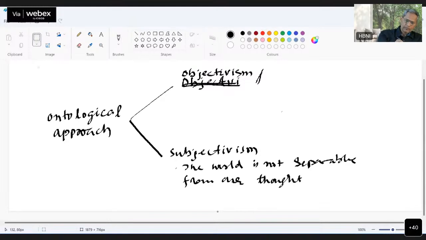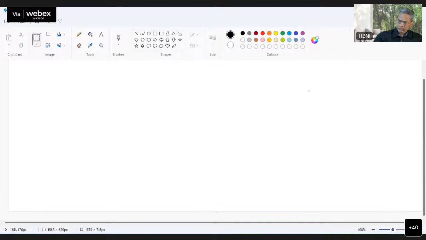Similarly, if you look at the philosophical approach of epistemology, that means how we learn what we learn.